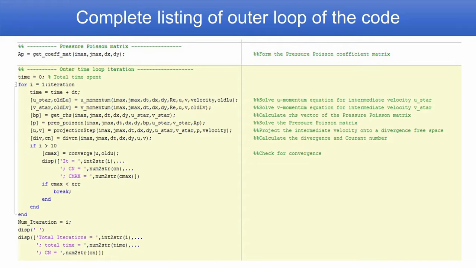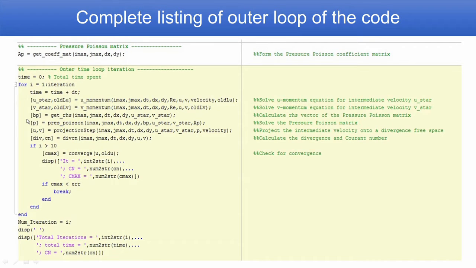Then for i equal to 1 to iteration, that is the number of iterations you can decide, or the convergence criteria you can decide. So, time is equal to time plus dt, which is also defined. u star comma old u equals u momentum with the corresponding arguments. Similarly, v star comma old v equals v momentum with the corresponding arguments. So, these two lines represent solving the u momentum and v momentum equations for the respective velocities, that is u star and v star.